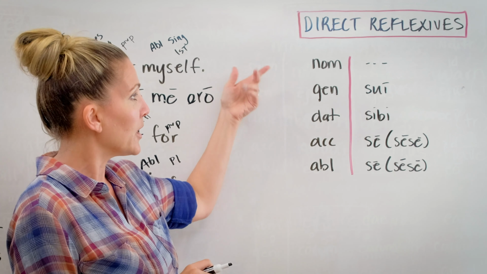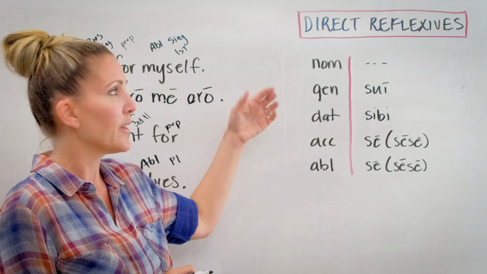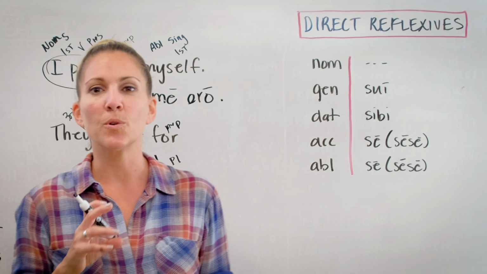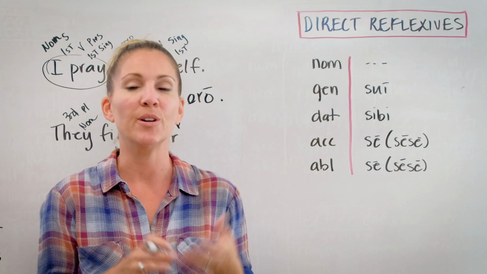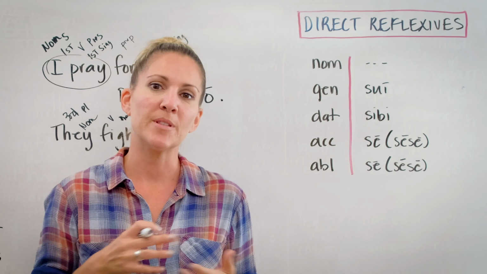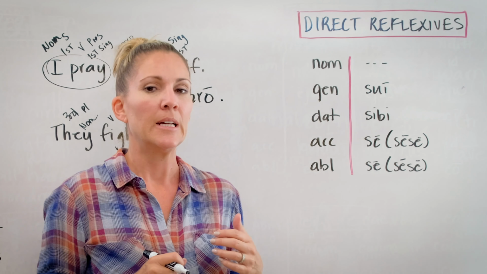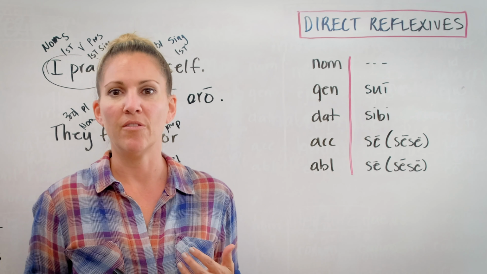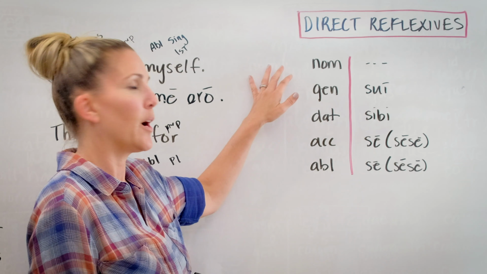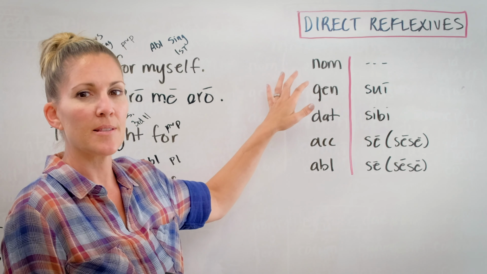And if you look up here on the list, there's no nominative. So a direct reflexive is a word with the word self in it, a pronoun with the word self in it. So myself, yourself, himself, herself, itself, themselves. You wouldn't say myself went to the store or herself bought a car. That's why there's no nominative. We don't use reflexives as the subject.